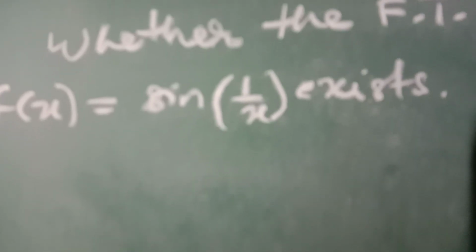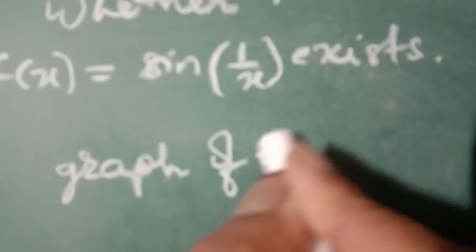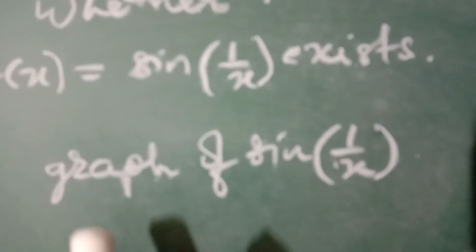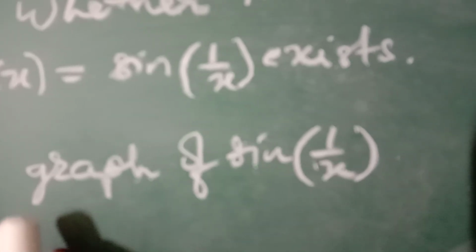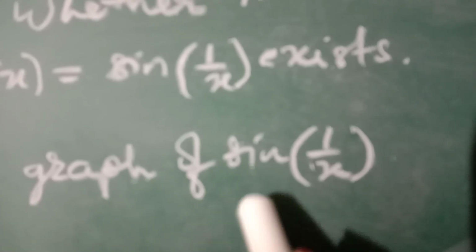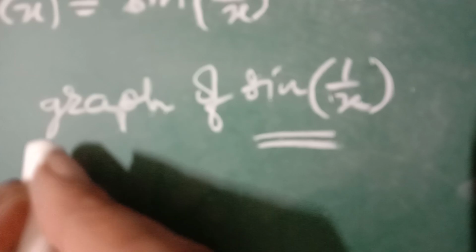Now if we draw the graph of this function sin(1/x), you are advised to try to draw this graph, considering that you would have learned this in the previous semester. So if we draw this graph, then we find that this graph oscillates. What does it do?